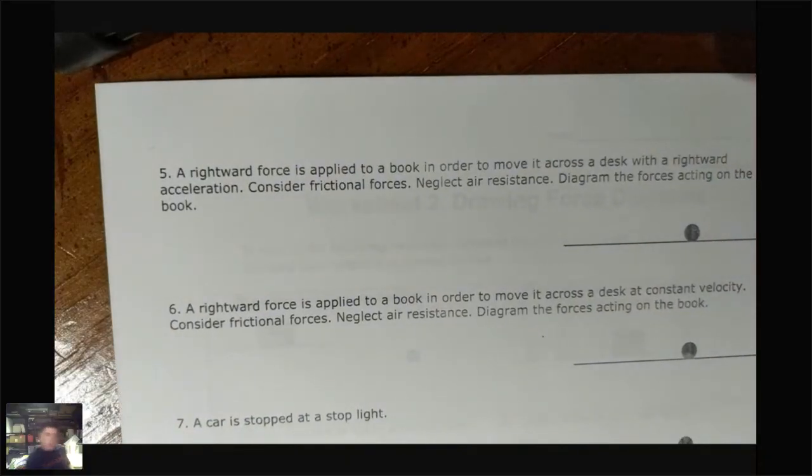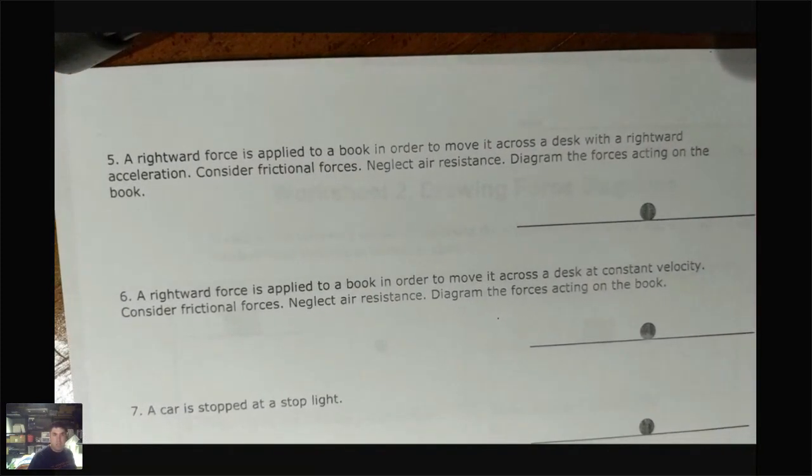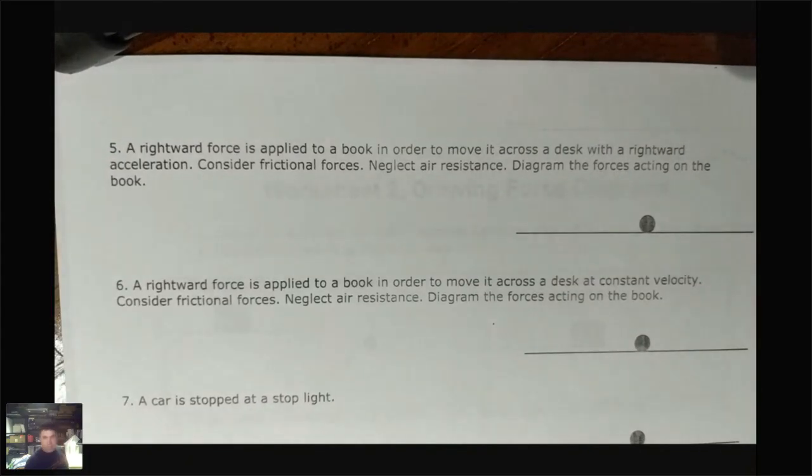So next one, number 5. A rightward force is applied to a book in order to move it across a desk with a rightward acceleration. We have friction. We get to ignore air resistance. Diagram the forces. Okay, so how many forces on this book?